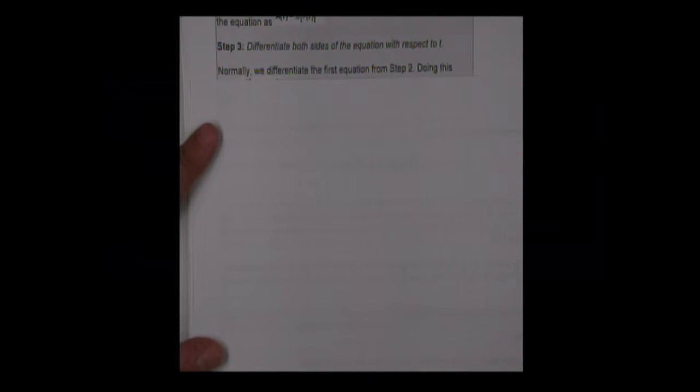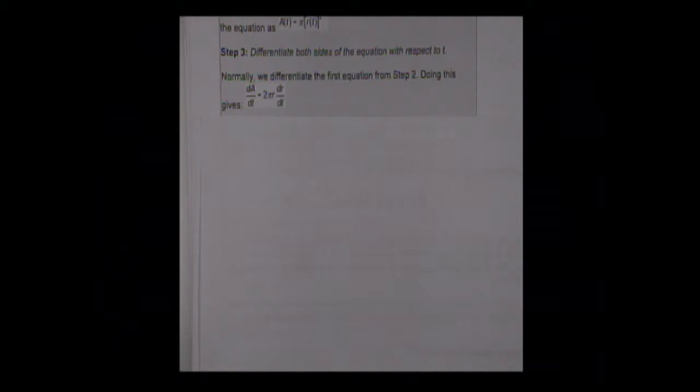Then we differentiate both sides of the equation with respect to t. Normally it's this equation. So there's my dA/dt is 2 pi r dr/dt.